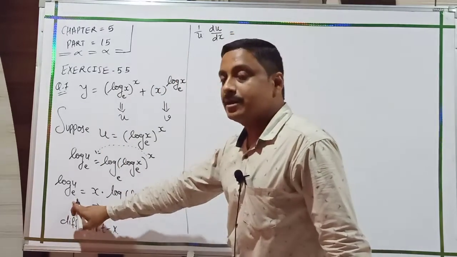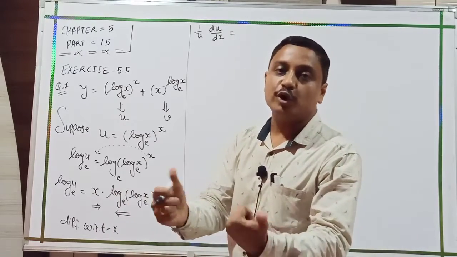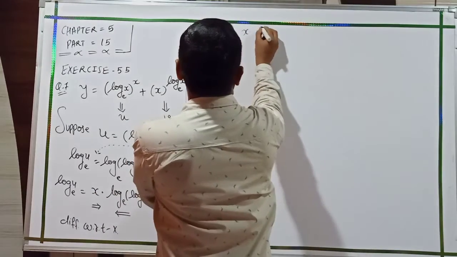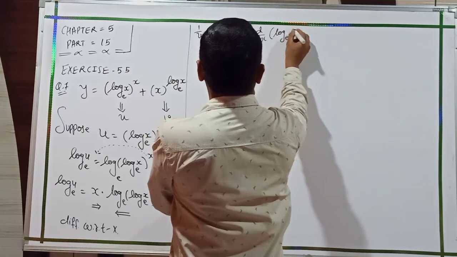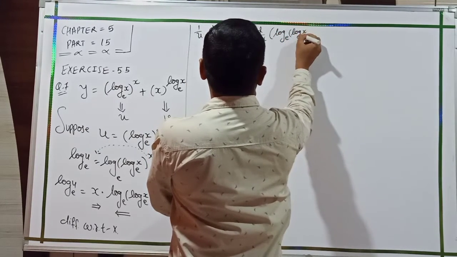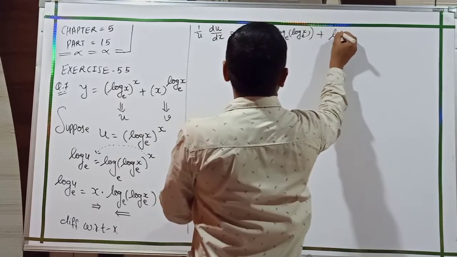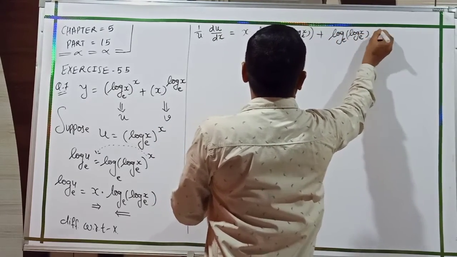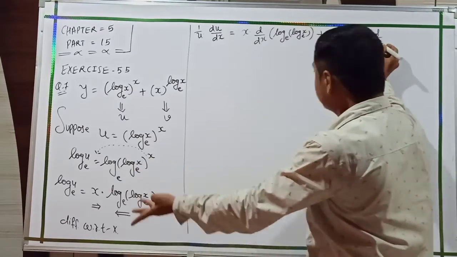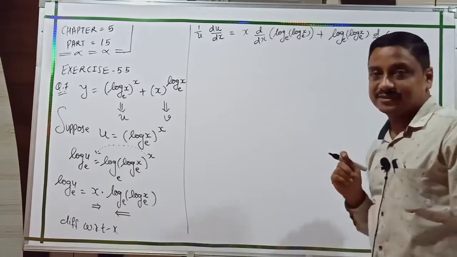Here done. And here apply the product rule: first, d by dx of the second function, log with log x base e, plus the second function times d by dx of the first function.